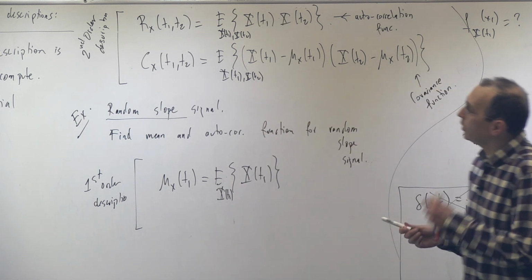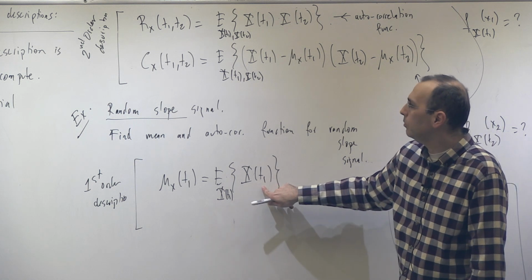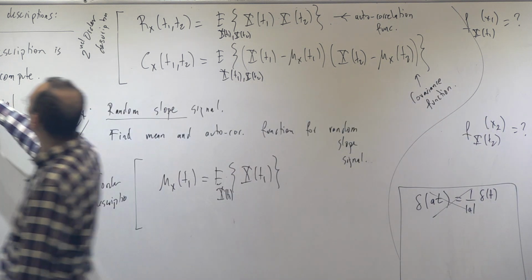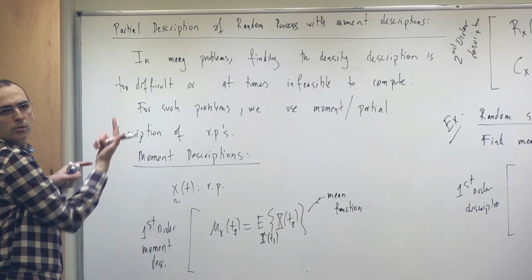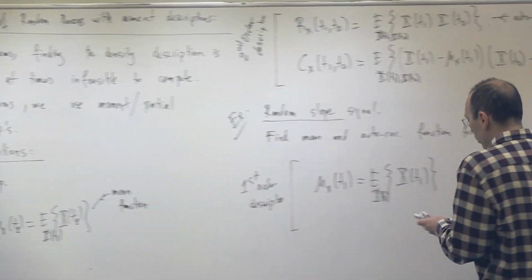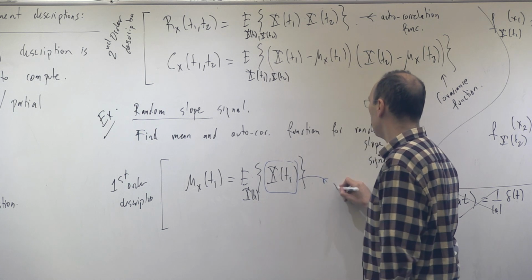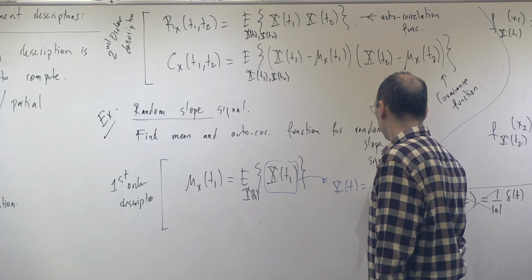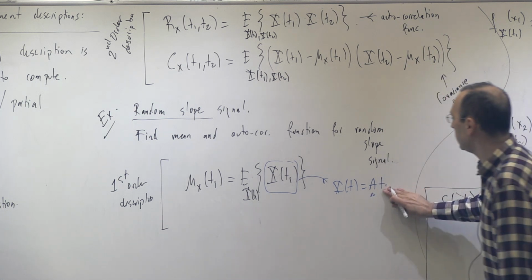So you can say that this is not easy because I need to find the density of this X t1. Then you say that finding the density description is too difficult. So how does it work? It's not good. But then you do the following. This X is defined as, this is the random process description, A times t.